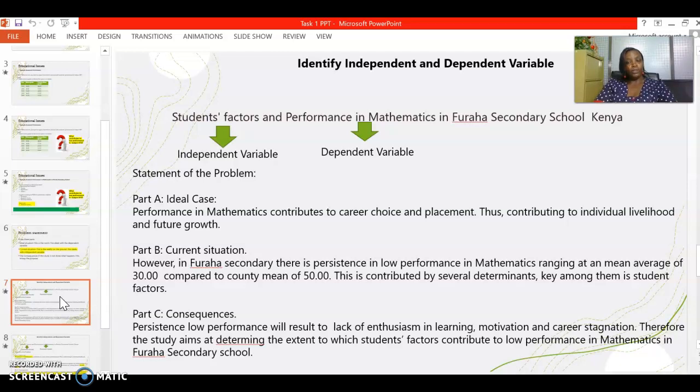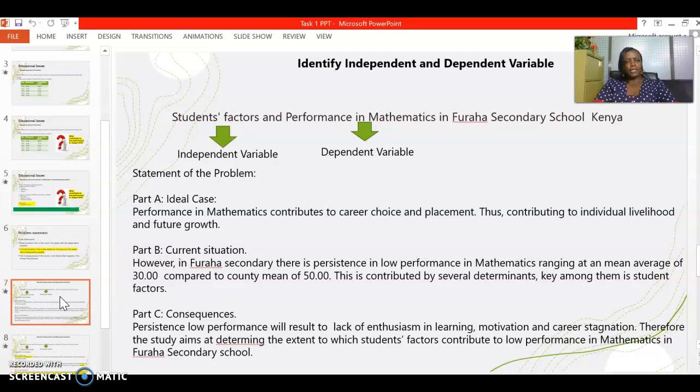And this is now contributed by several determinants. And key among them we are saying is the student factors. And remember, the student factor in this case is our independent variable. Then part C, we now talk about the consequences. Remember the consequences we said? If this study is not done, what will happen?